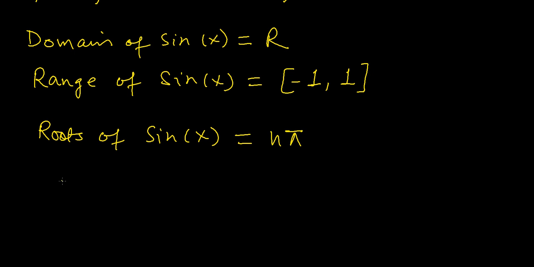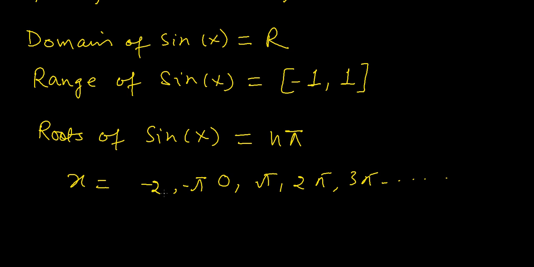So you can write it as x equal to 0, pi, 2 pi, 3 pi and so on. Similarly, for the negative side, negative values minus pi and minus 2 pi and so on.